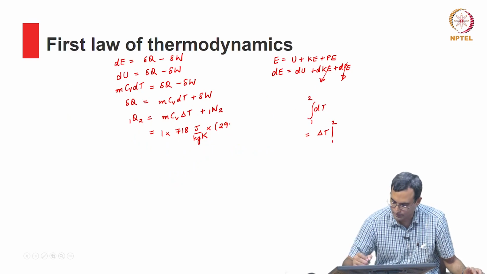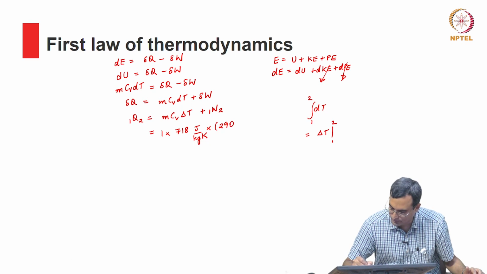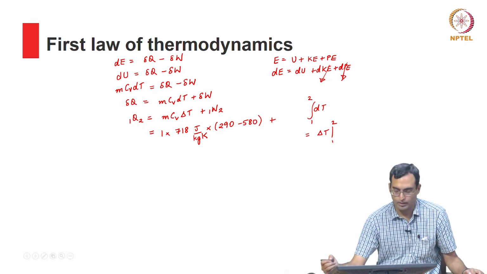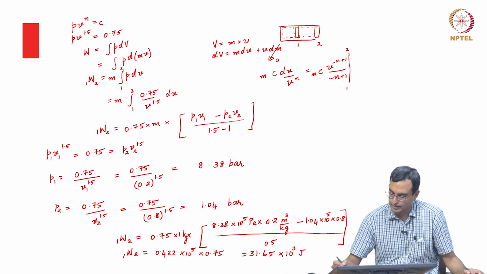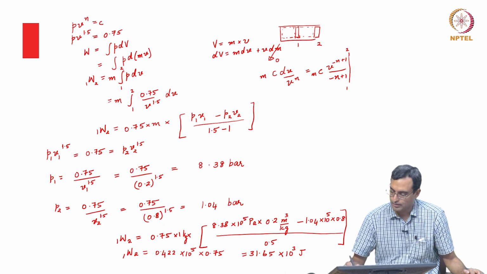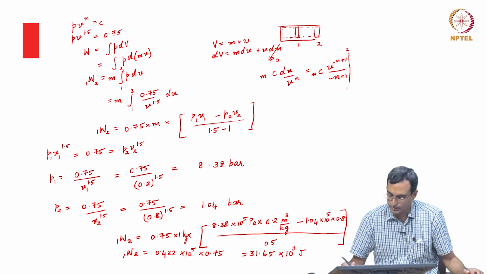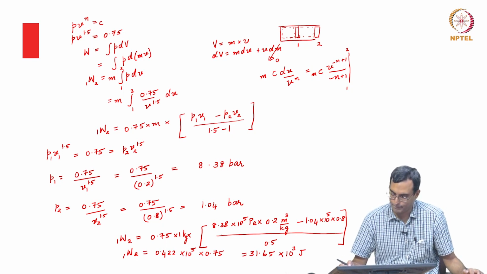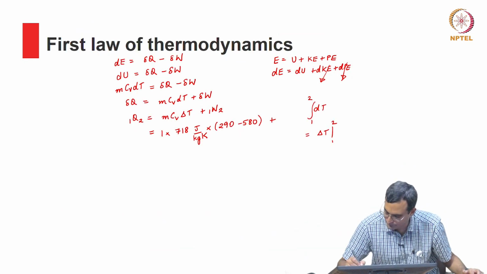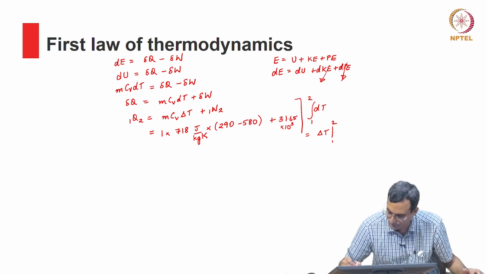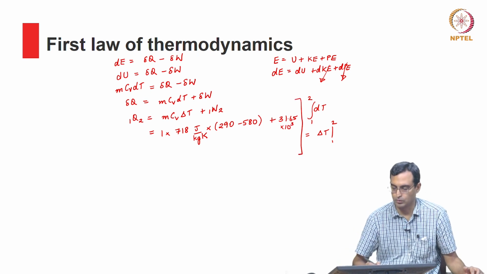Plus 1W2, which we just calculated as 31.65 into 10 power 3. Where all of these are now in joules.